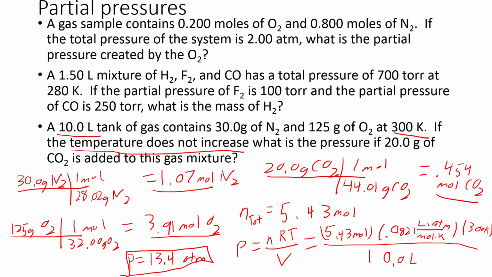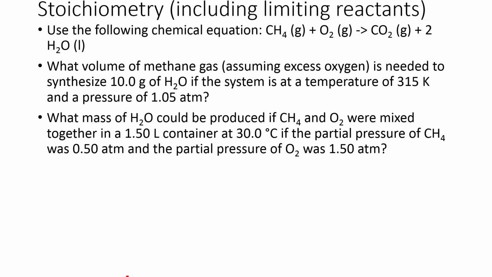So now let's look at a stoichiometry question. Okay, yeah, this is the last slide. So for both of these questions, we're going to use the chemical equation CH4 plus oxygen gas goes to CO2 gas plus 2 water liquid. So for this one, we will notice that it's already balanced for us if we check. Well, no, is it? Yes, because you have 4 hydrogens on both sides.